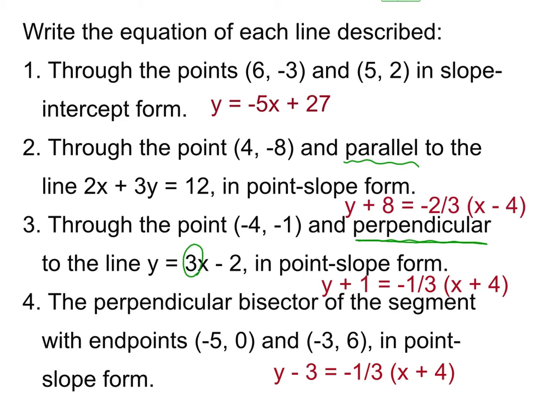Now I don't like to see on your paper, and I probably scribbled it out on your quiz or work, that you say equals -1/3, because that's not true. 3 doesn't equal -1/3. But to make it perpendicular, the slope needs to be -1/3. So here's your slope to use. Notice it in the equation. Here's your x1, y1 to use in the equation, so that's where I got my answer. Perpendicular bisector.